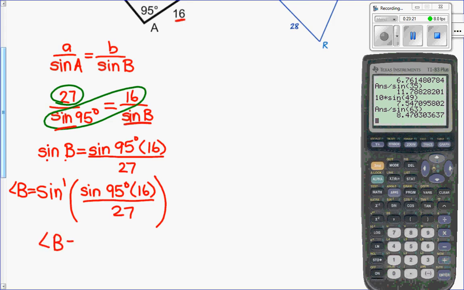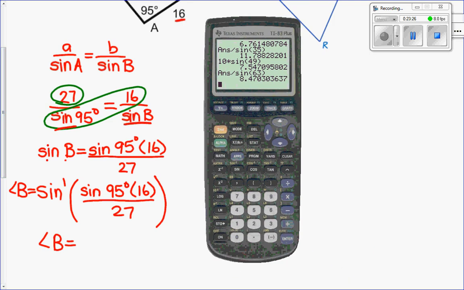So let's plug that into our calculator so you can see how to do that. Please make sure that you plug this in while I am. Oops, I didn't do the inverse sine, right? This is supposed to be sine to the -1, inverse. On your calculator, you'll see that you have that sine to the -1. It's the yellow writing above the sine key. So you're going to need your second function of sine, and that gives you the inverse sine. Then it automatically gives you a bracket.